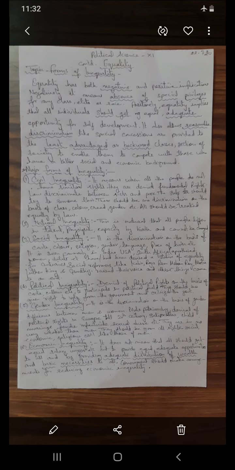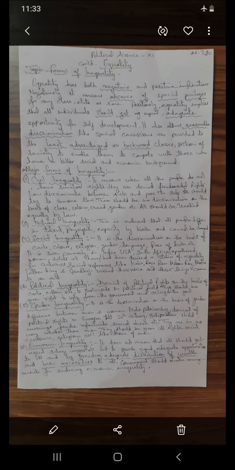Economic inequality is the next and the last form of inequality. It is related to the earnings, economic status. But I would like to tell you here, it does not mean that all the people should get equal salary, equal wages.